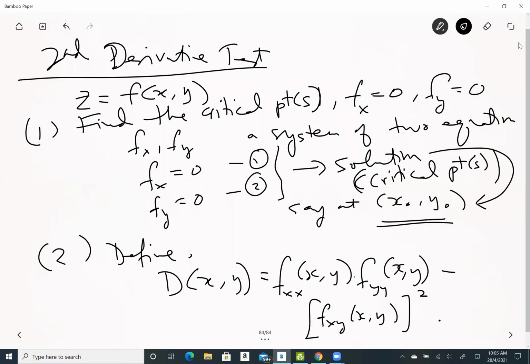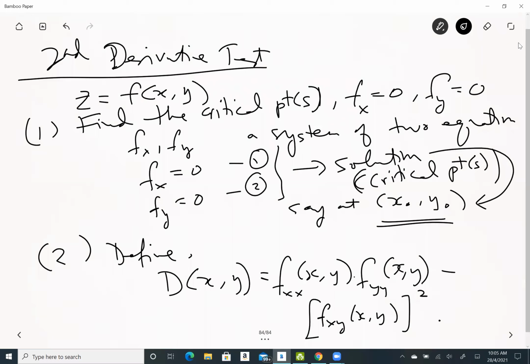So D is the difference between these terms: fxx multiplied by fyy minus fxy squared. That is what we call D.